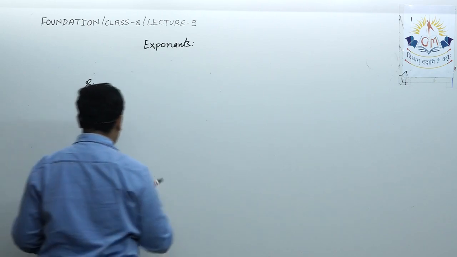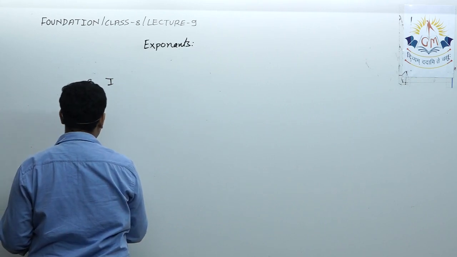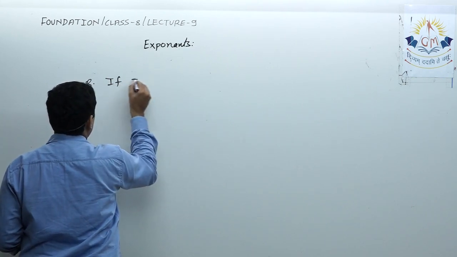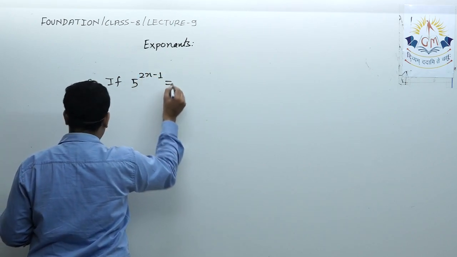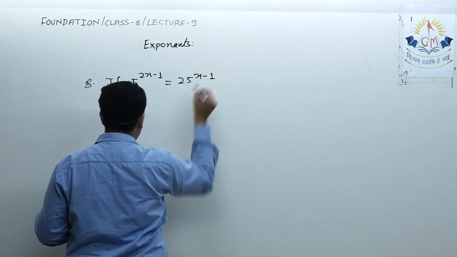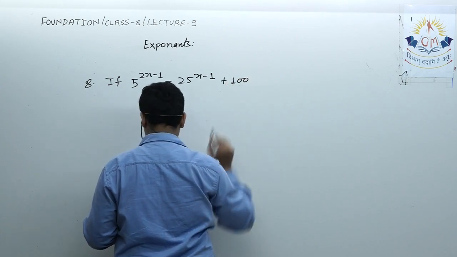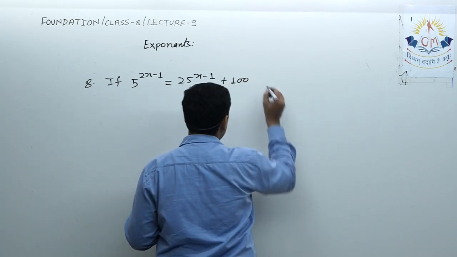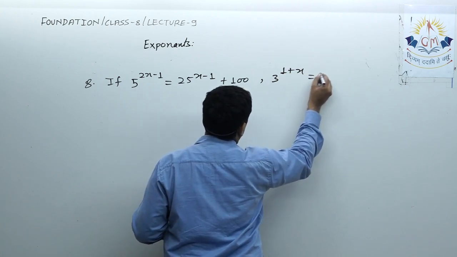If 5 raised to 2x minus 1 is equal to 25 raised to x minus 1 plus 100, then find the value of 3 raised to 1 plus x.